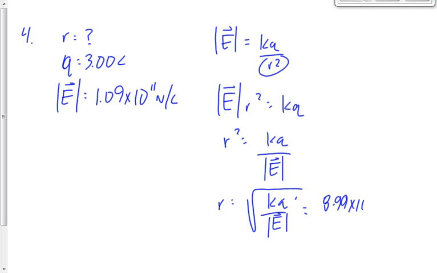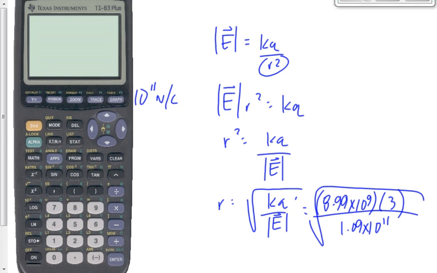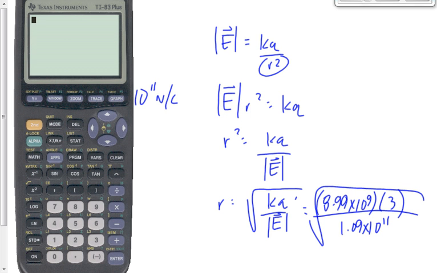So we get 8.99 times 3 divided by 1.09 times 10 to the 11, and then take the square root of that. You should get all the exponents in, so it's easy to make an exponent mistake.